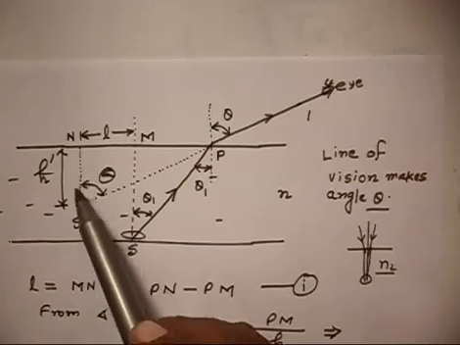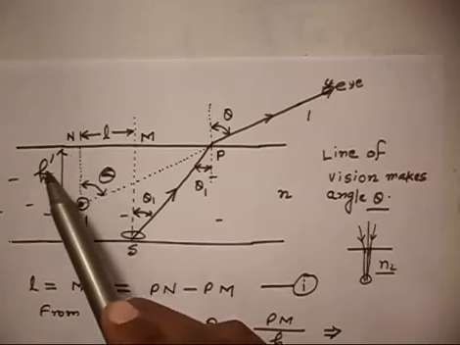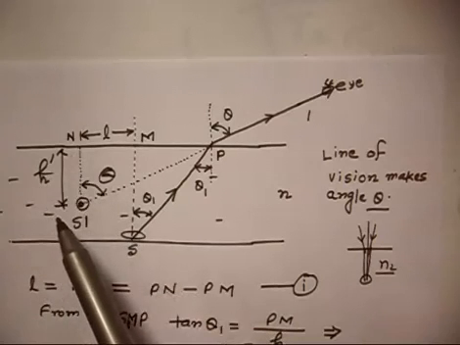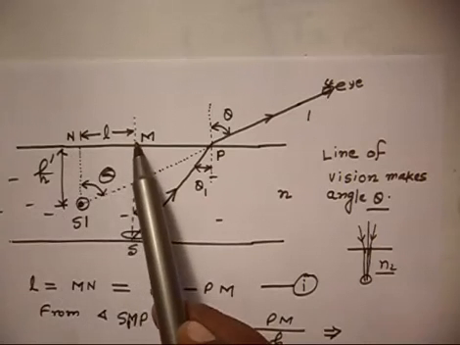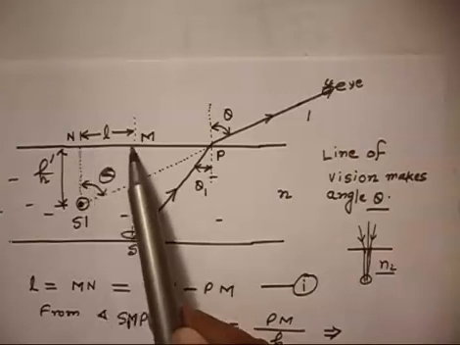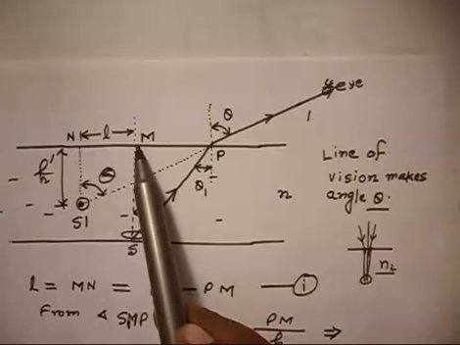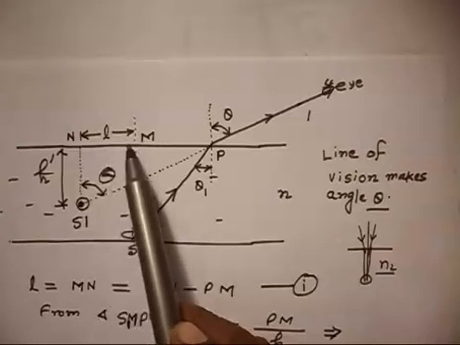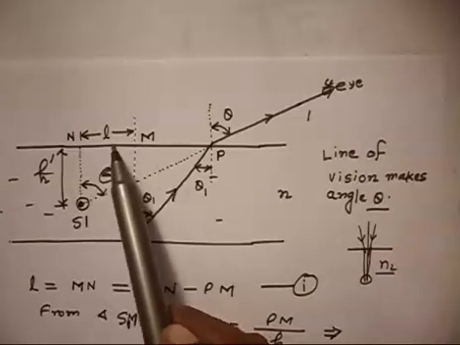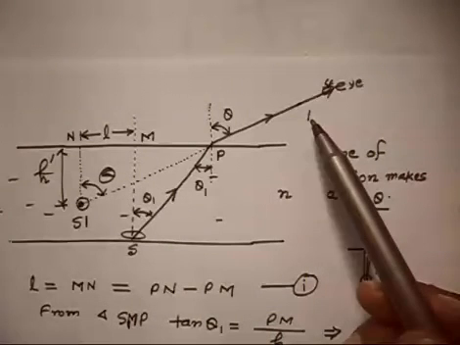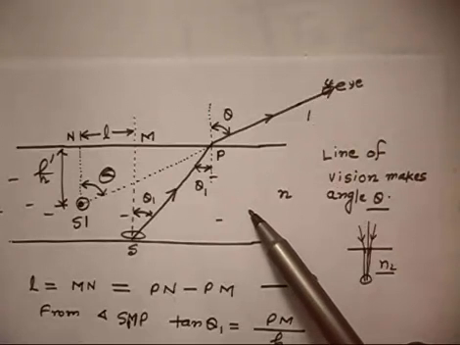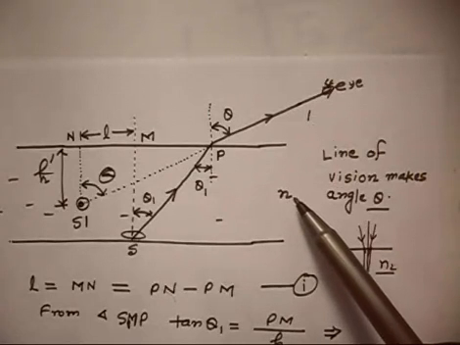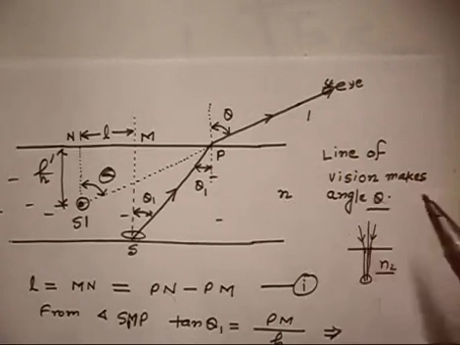Now if I draw a perpendicular from here to the surface, let us call this height H dash. If I drop a normal from here, this is laterally shifted by distance L. Let us call this point N. So the distance between N and M is L. Now the refractive index of air is 1, and the refractive index of the water inside the lake is n.